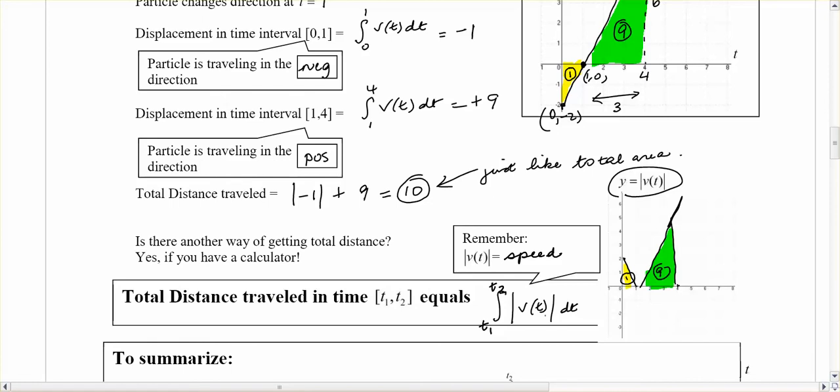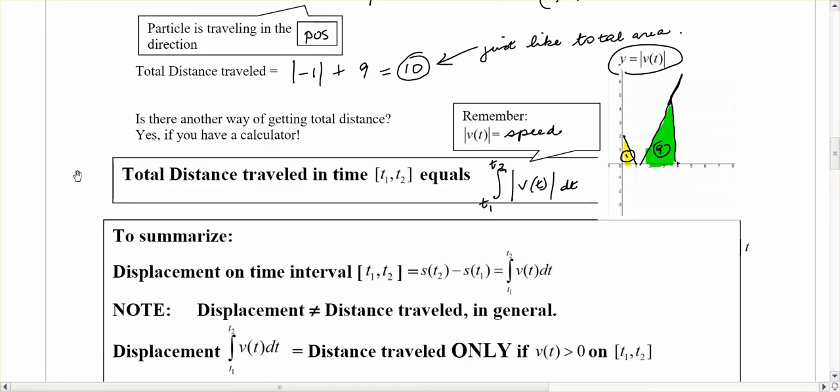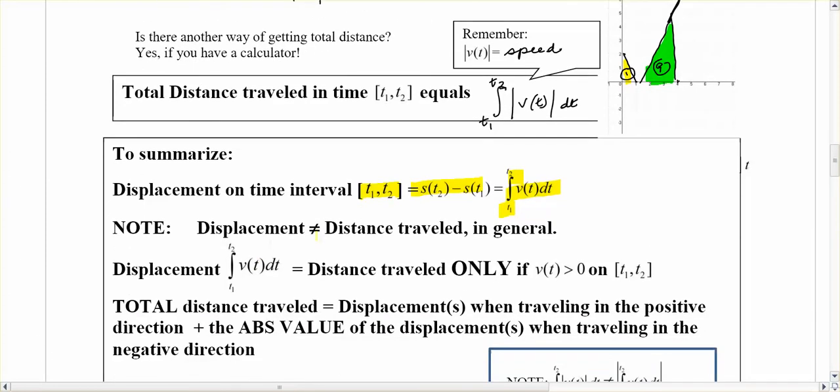So let's summarize what we've done. Displacement on a time interval is simply the change in position and happens to be the same as the definite integral of the velocity function. Notice that the displacement is not the same as distance traveled. It's equal to distance traveled only if your velocity function is positive or maybe just touching the t-axis.